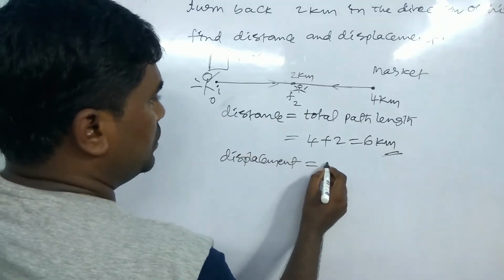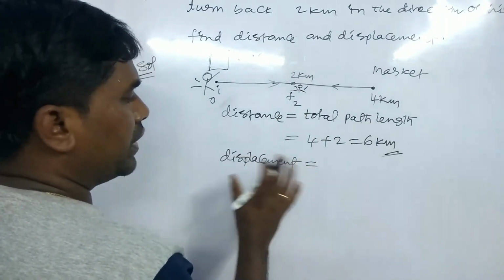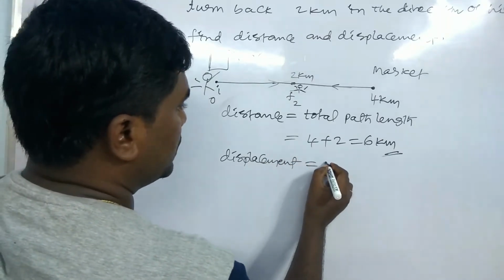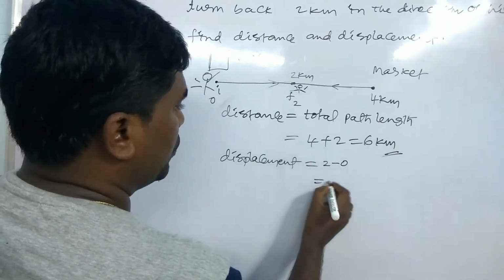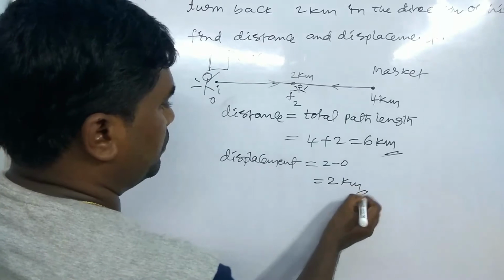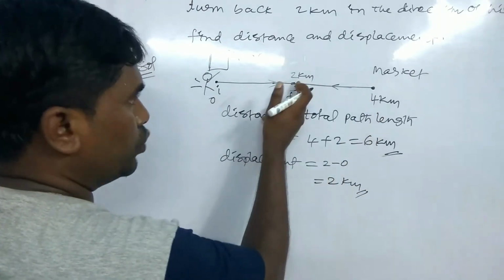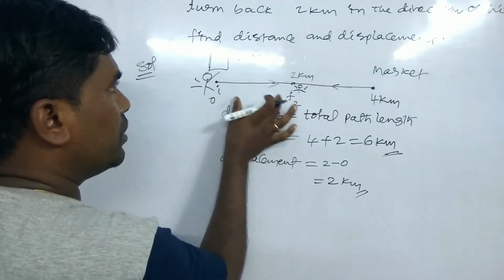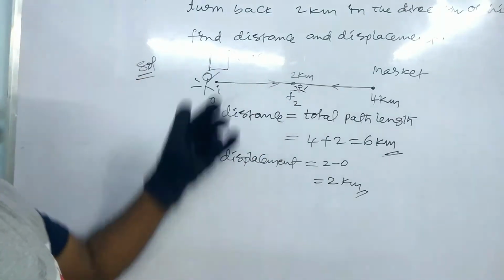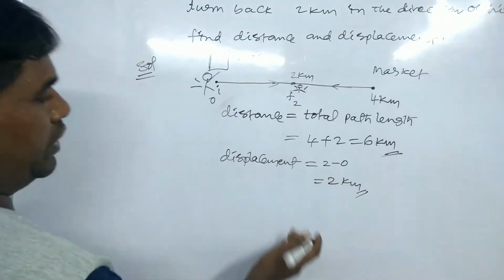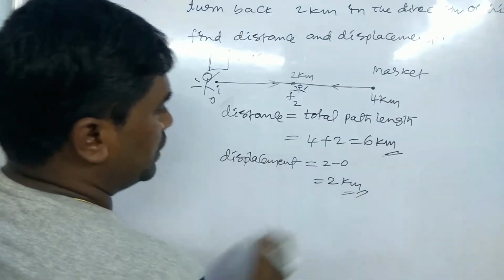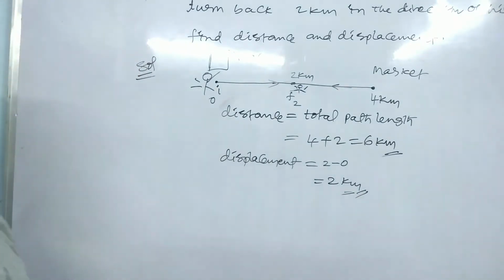So the shortest distance between the initial and final point is 2 km minus 0, which is equal to 2 km. Or, in the 4 kilometers he turned back 2 kilometers, and how much distance will he travel to reach his home? 2 km. 4 minus 2 is 2 km. So the displacement of the person is 2 km, and the distance traveled by the person is 6 km.